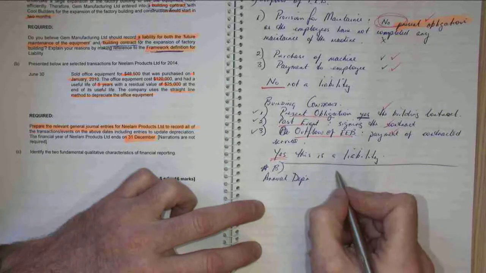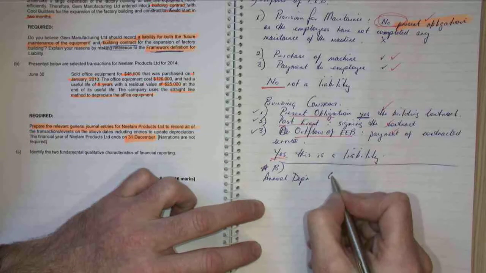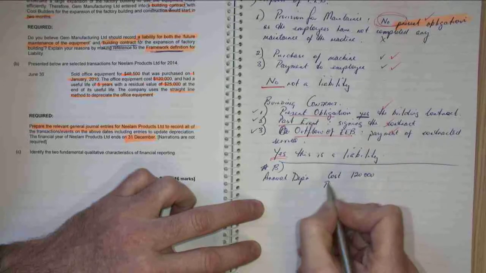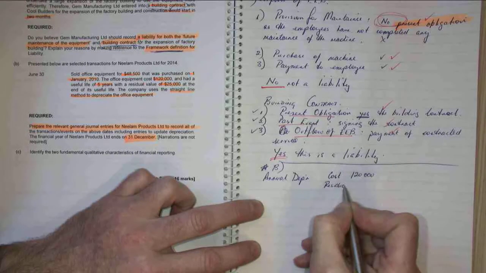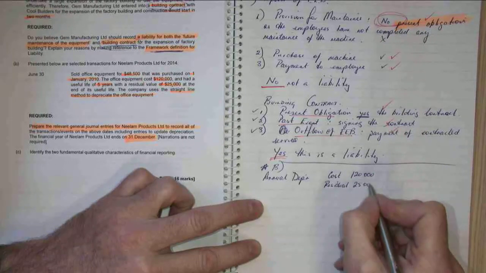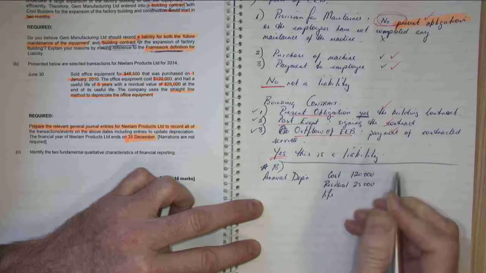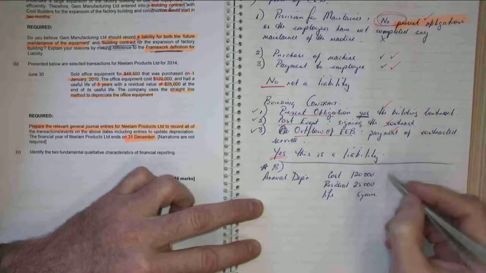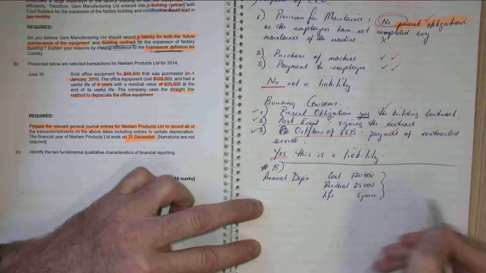What have we got? We've got a machine. The cost was $120,000. My residual is how much? 25,000. And my life is 5 years. So how do I calculate that?